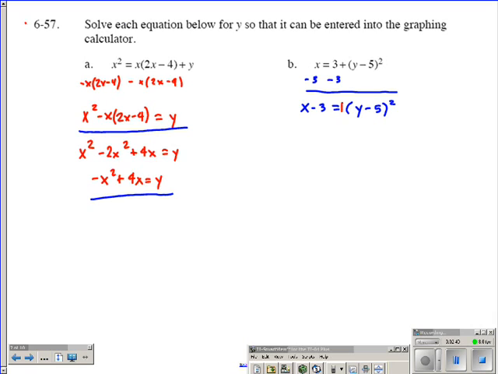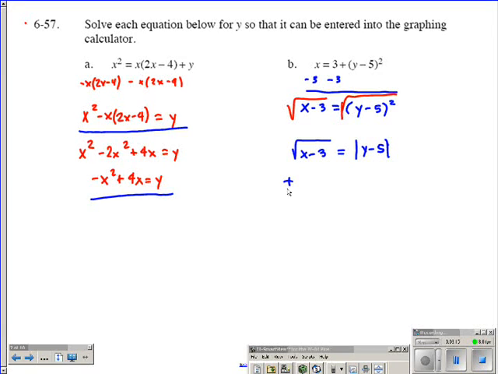Then we're going to need to undo the fact that this side is being squared by taking the square root on each side. So what we have now is the square root of x minus 3 equals, and when you take the square root of something that's squared, we have to look at the absolute value of what's inside. So the absolute value of y minus 5. So we're going to need a positive or negative radical quantity of x minus 3 as this value here.